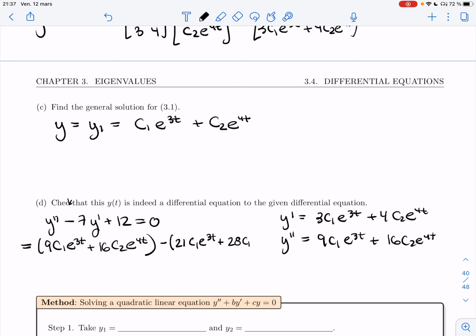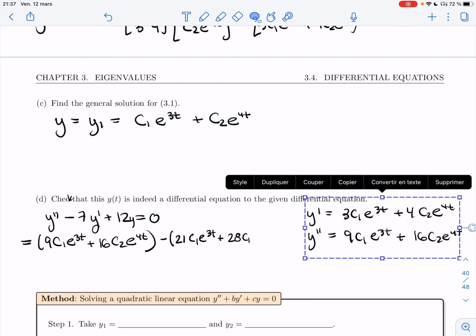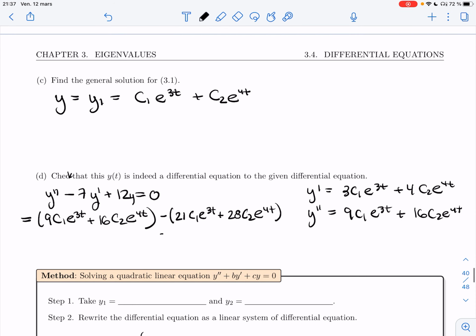Oh, sorry, there's a y missing here. And then I want to add 12y, so plus 12c1 e to the 3t plus 12c2 e to the 4t.